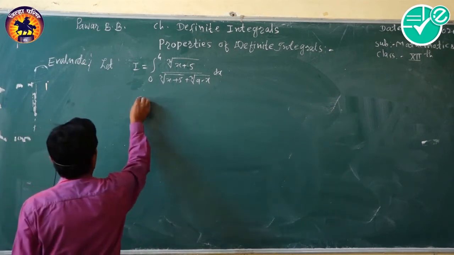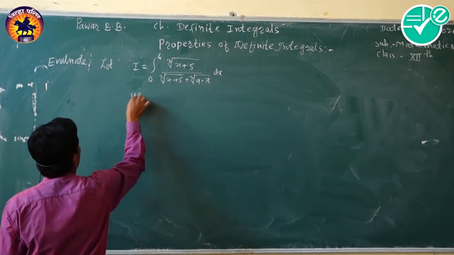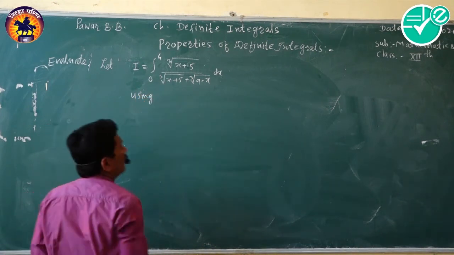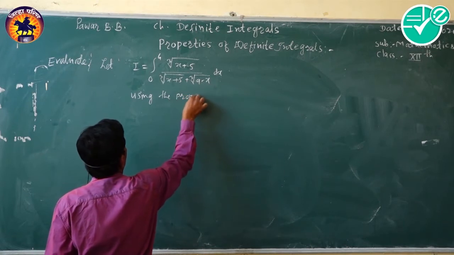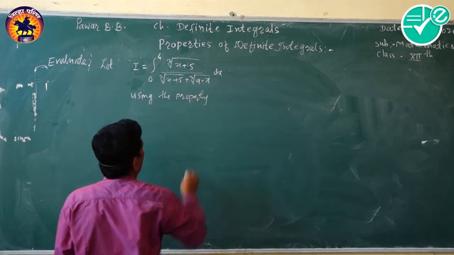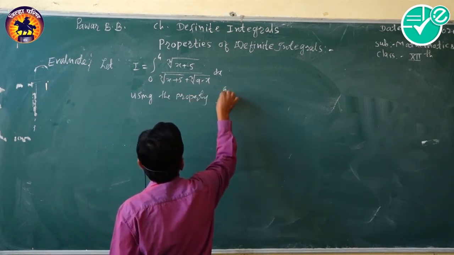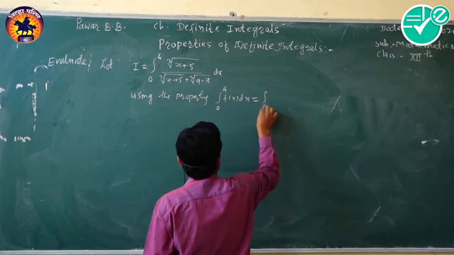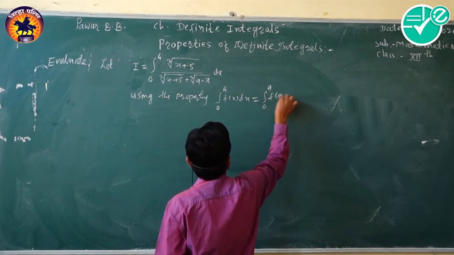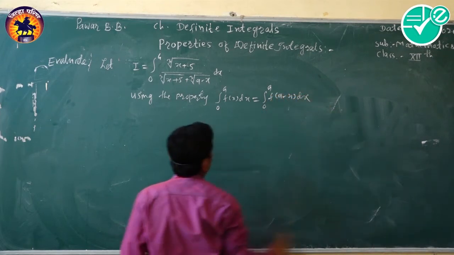Now this is equal to, using the property, integration from 0 to a f of x dx is equal to integration from 0 to a f of a minus x dx.